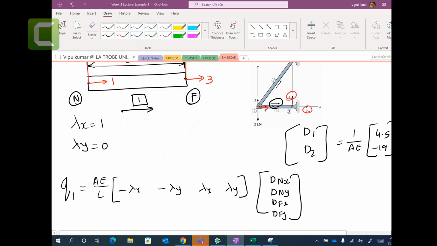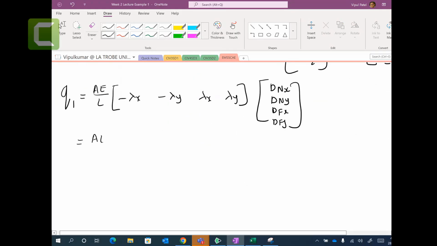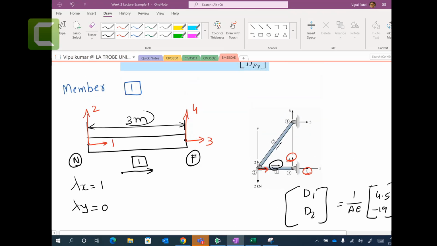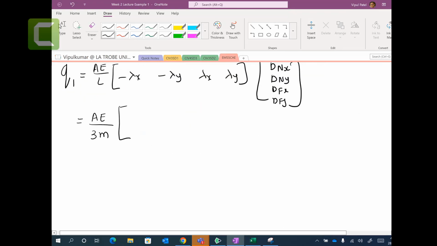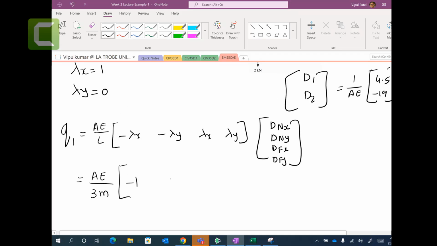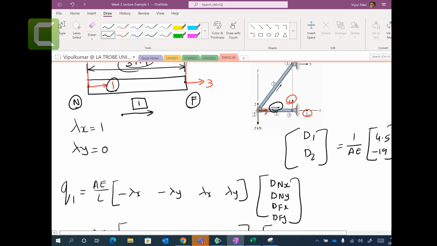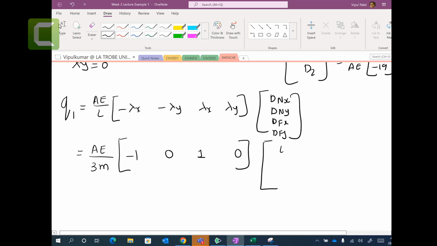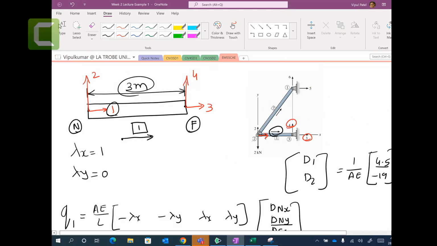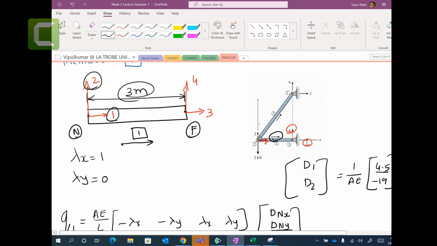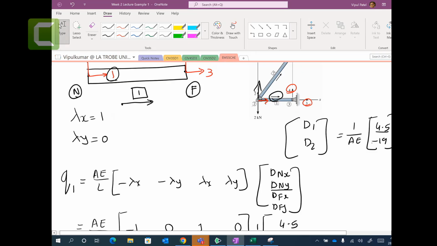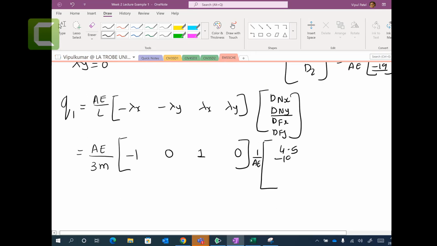That's it. Okay, so let's plug in the values. Let's keep AE, and L is 3 meters, given in our examples. 3 meters here. Lambda x minus 1, lambda y 0, 1, 0. Near node x, D1, we got 4.5, let's say 1 over AE. Near node y, D2, you got minus 19.